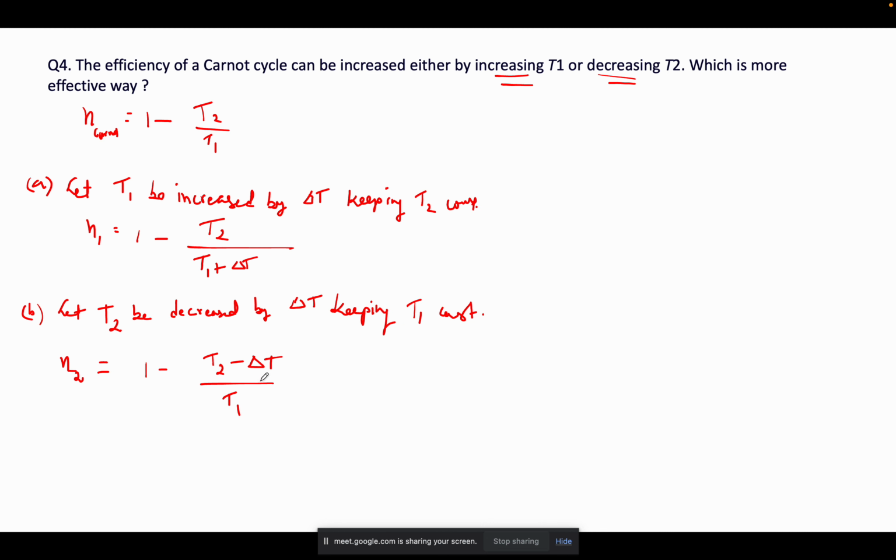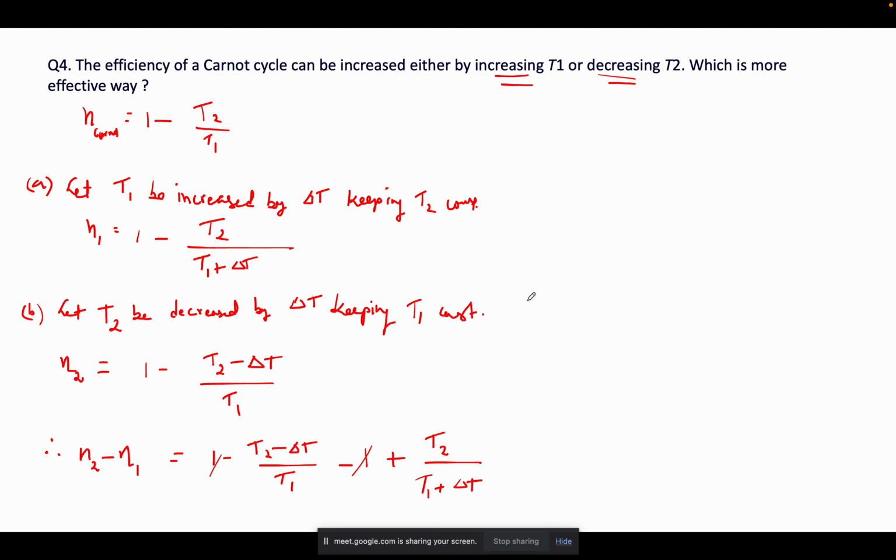Now we need to compare whether eta 1 is greater or eta 2 is greater. So let us do the subtraction of eta 2 minus eta 1: 1 minus (T2 minus delta T) by T1, minus 1 plus T2 divided by T1 plus delta T. The 1 got cancelled.